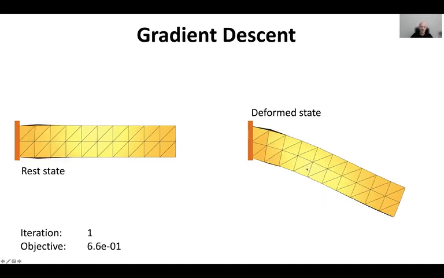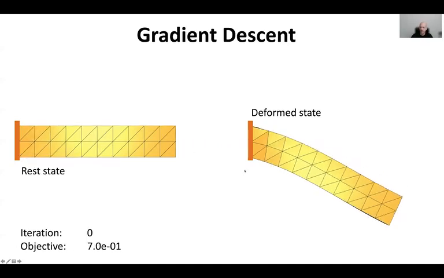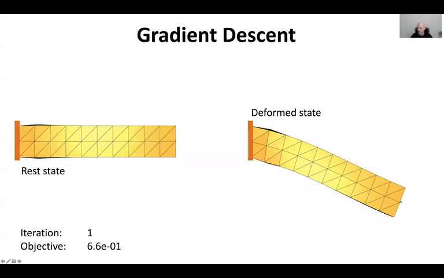So we take one step of gradient descent, and well, it does something, as you can see here. Somehow the nodes here, they moved up and down. And also, if we go a little back and forth, we observe that, yes, indeed, the deformed state got sort of closer to horizontal, but it's still very far away from it. You can also tell that the objective here, well, it's relatively small.